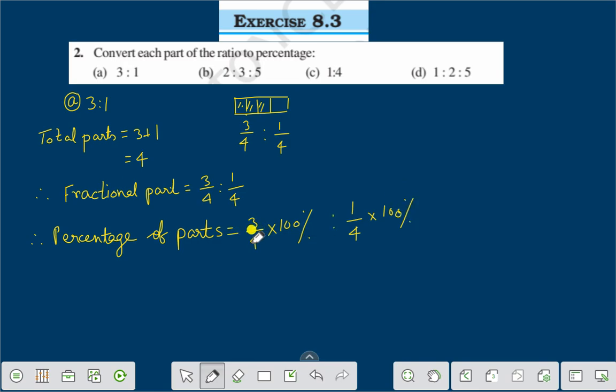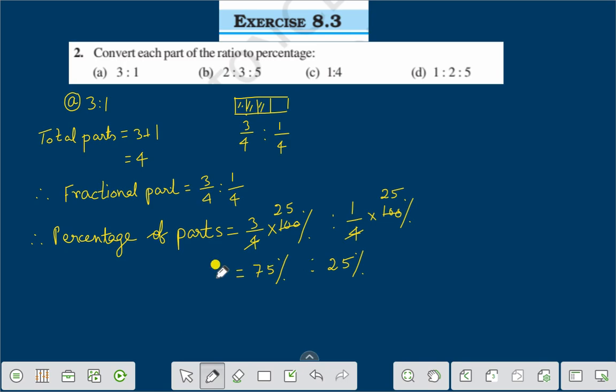Now if you cut it by 4, 4 5s are 20, 25 into 3, that is 75%. 75% is to 1 by 4 into 100, 4 25s are 100, that is 75% is to 25%. That is the ratio. Now this is the percentage of parts.